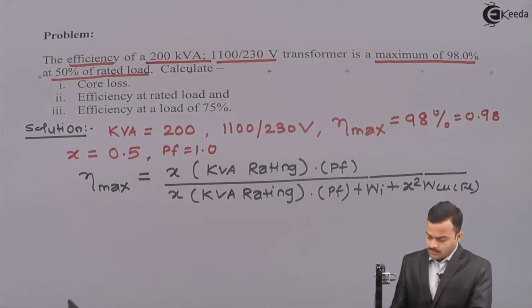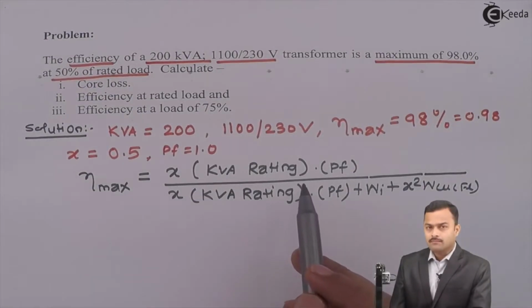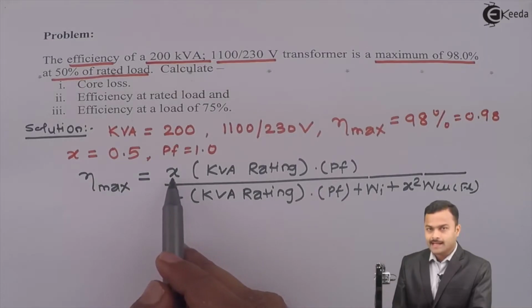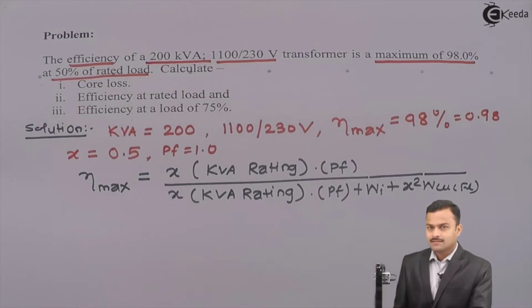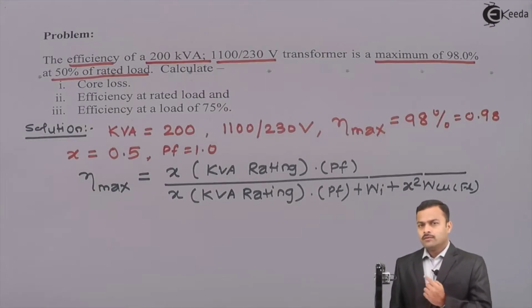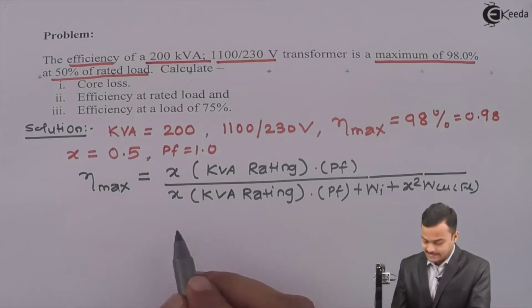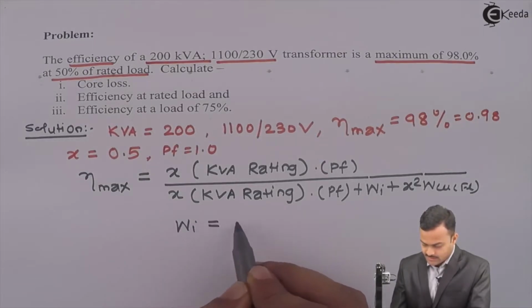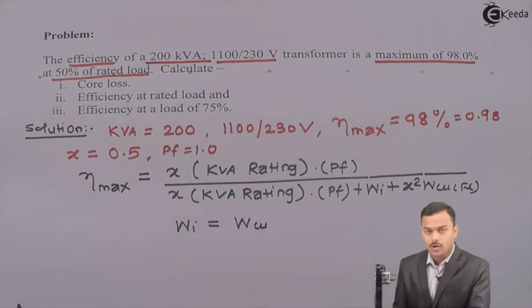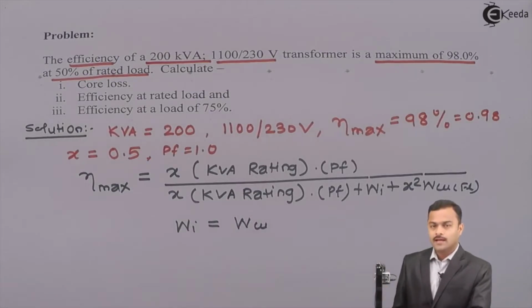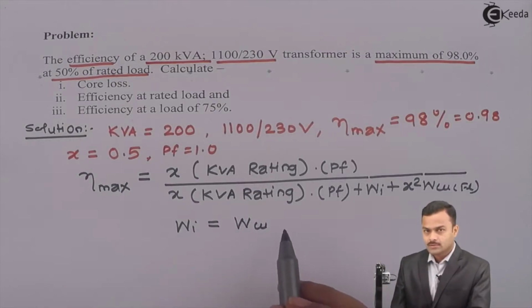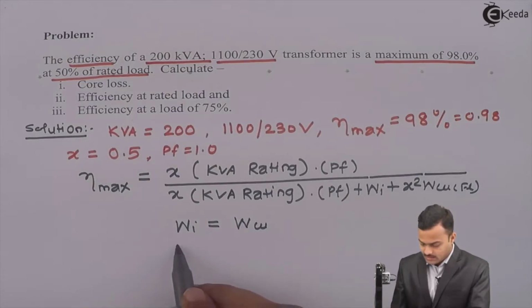Now, this is a formula for maximum efficiency provided X is nothing but that rated load at which efficiency is maximum. We have seen that the condition for maximum efficiency of a transformer is this: iron loss is same as copper loss. See, I am not saying copper loss at full load, I am just saying it's a copper loss. So what happened at maximum efficiency?